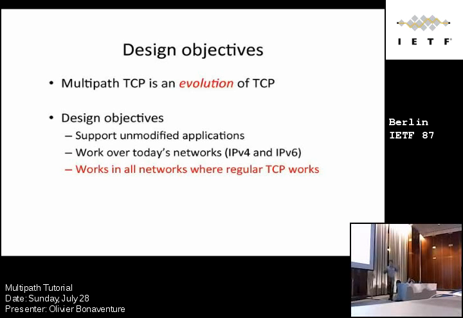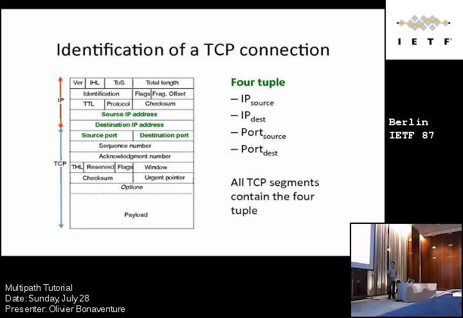So if you have a path over the internet where you can open a TCP connection and the TCP connection works correctly, then over this path, we want multipath TCP to work as well. So you know that a TCP connection is identified by IP source, IP destination, source port, and destination port, and that this information is present in all segments.